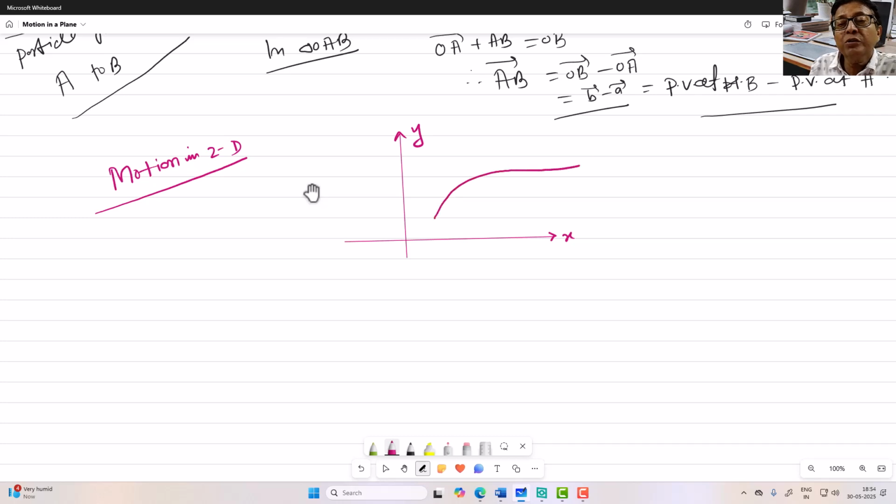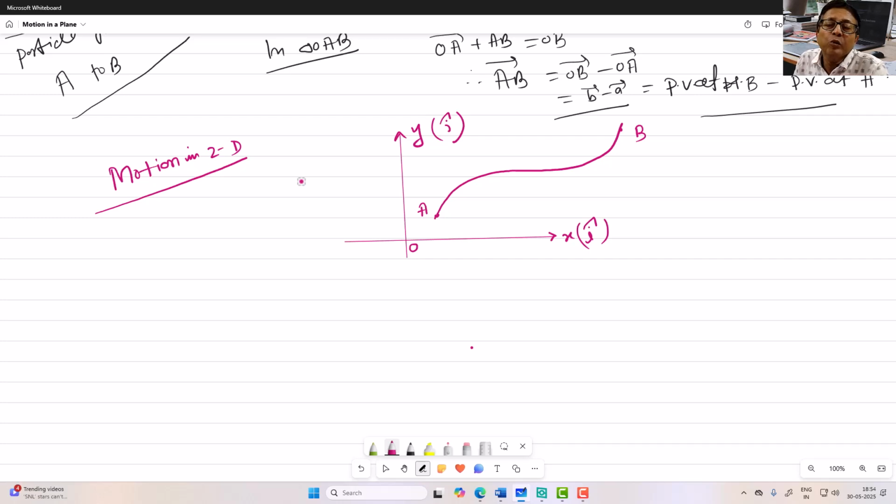Say particle goes this manner in a curve. This is not the case of motion in one dimension. Instead, you can say that it is motion in two dimensions, which is made of two different dimensions. Dimension means that coordinate axis. X-axis and y-axis, we take unit vector. Along x-axis is i cap, along y-axis it is j cap.